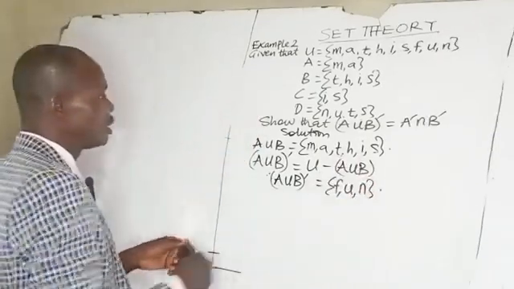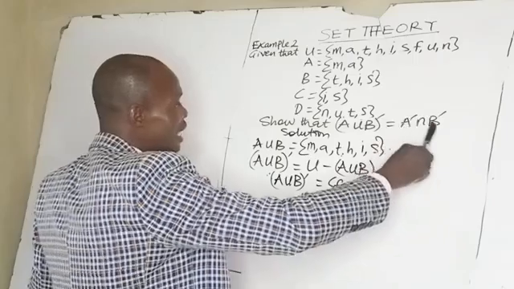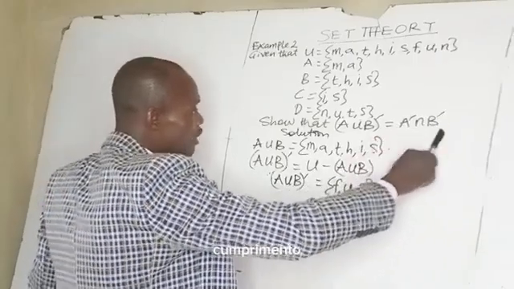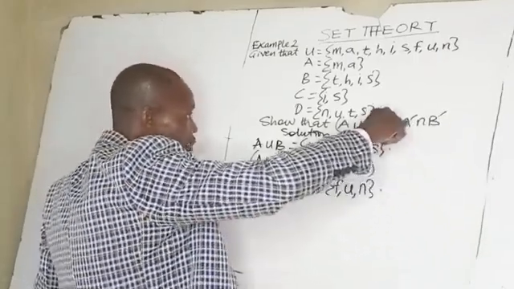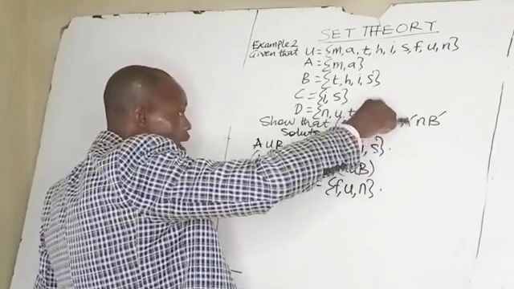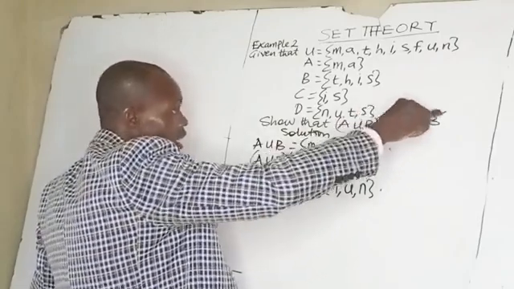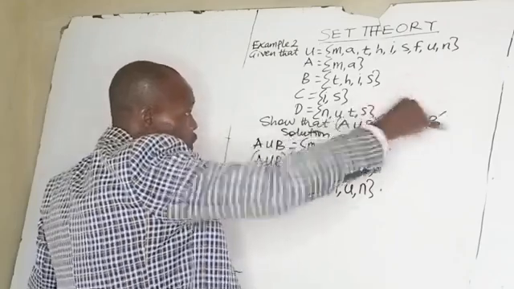Then you also need A complement intersection B complement. So to solve for this, you will need the complement of set A separately, because it is only A that carries the prime here, and it is B that carries the prime, not both together.